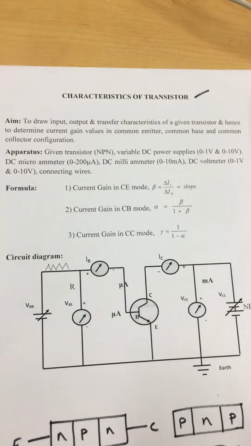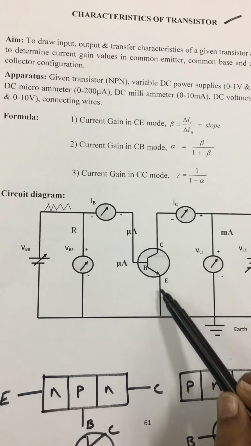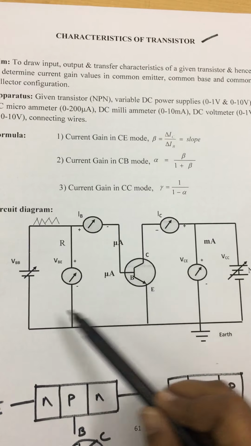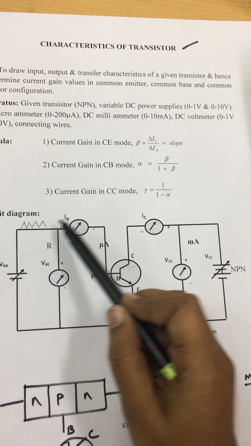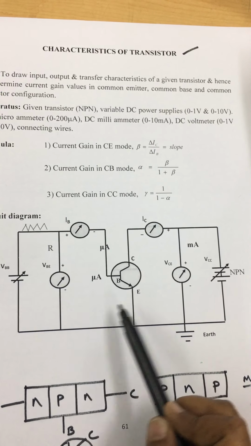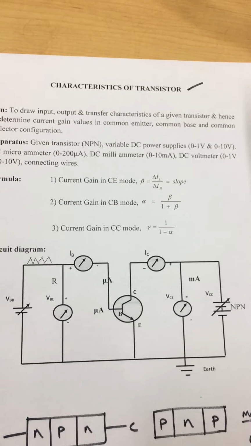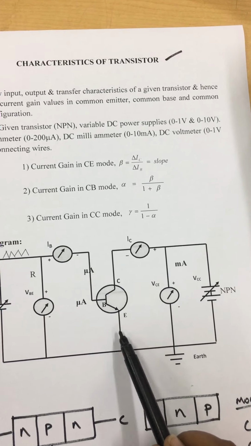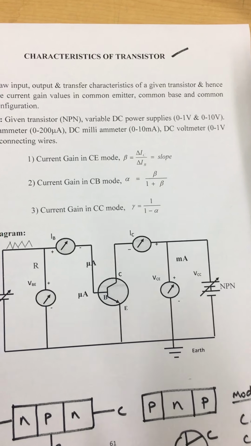Looking into this circuit, you can observe that the emitter is connected common, so the emitter is connected to negative and positive is connected to the base. This part of the circuit is the input circuit, which is forward biased, and this part is the output circuit, which is reverse biased.